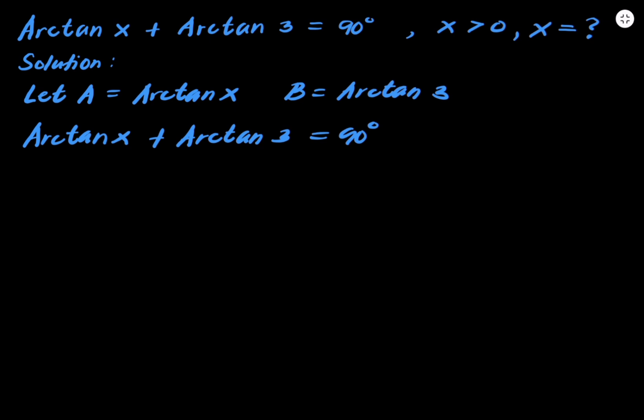Now, since we let A and B be the arctangent of x and arctangent of 3 respectively, this inverse trigonometric equation now becomes A plus B equals 90 degrees. Now, let us draw the reference triangles for A and B.